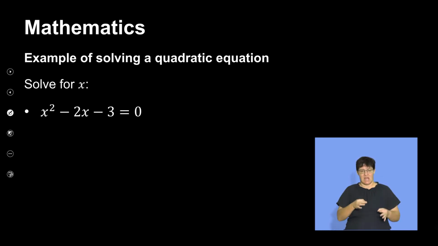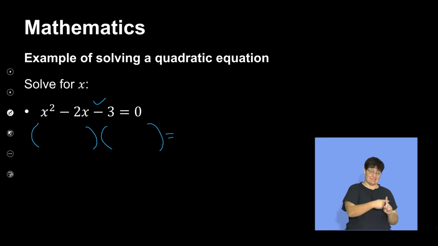So the typical example of solving for x using factorization, you look at it. Is it in standard form? Yes. Is there a common factor? No. Then you go straight to factorization. The last term is a minus. It means my two brackets will be a plus and a minus equal to 0.